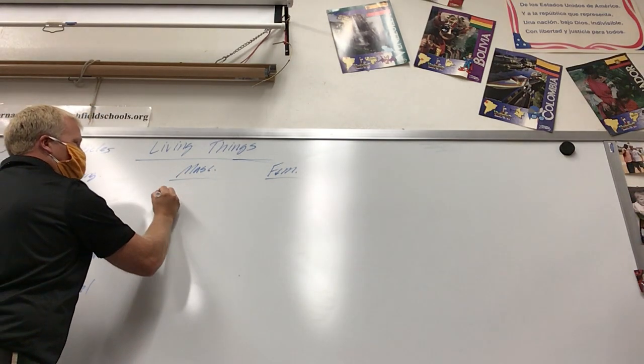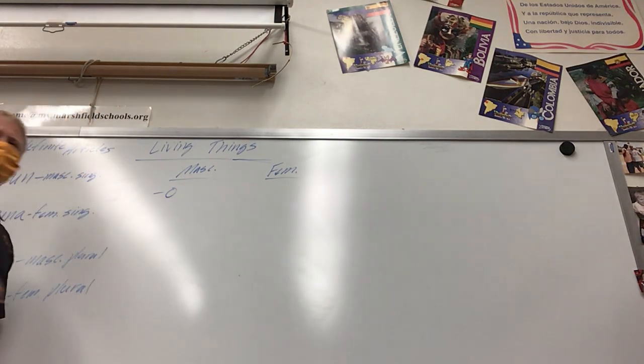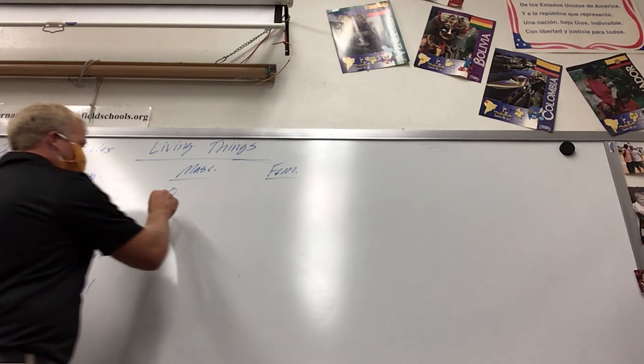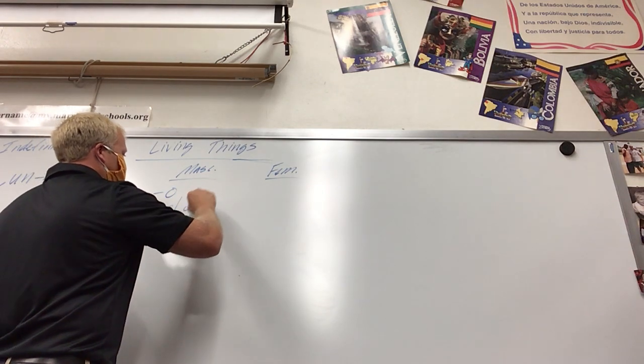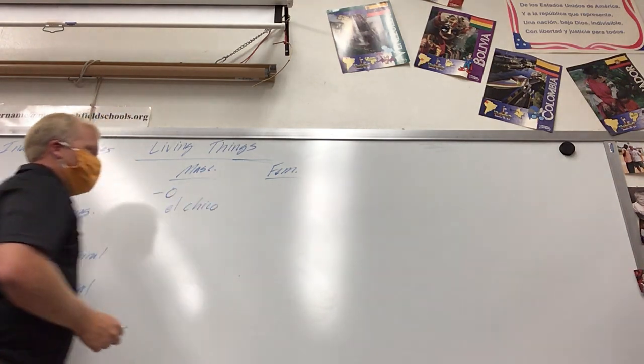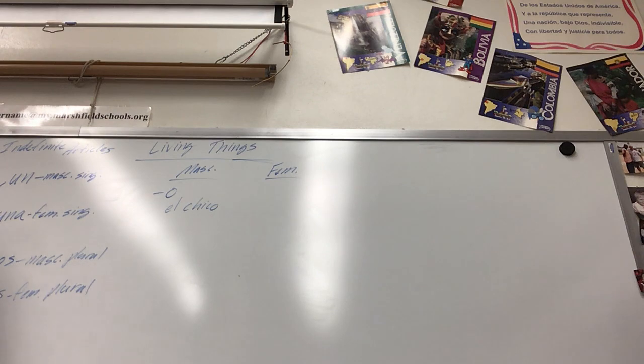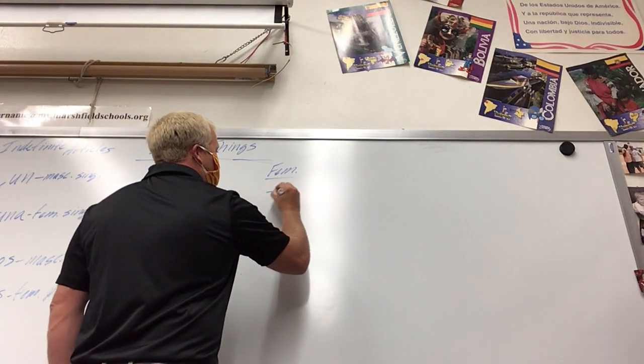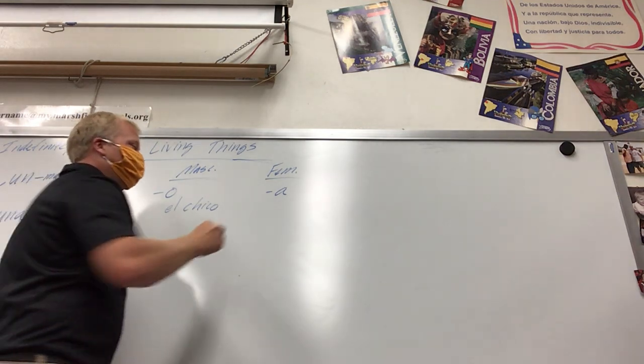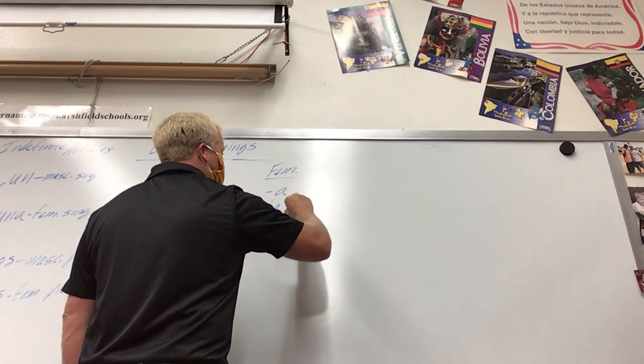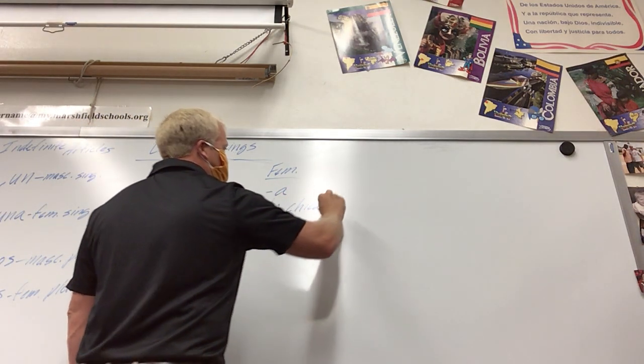So you probably know words that end in O are typically masculine words. Okay? Like el chico, the boy. You can tell by the word too that it's masculine. Words that end in A are typically feminine, like la chica.